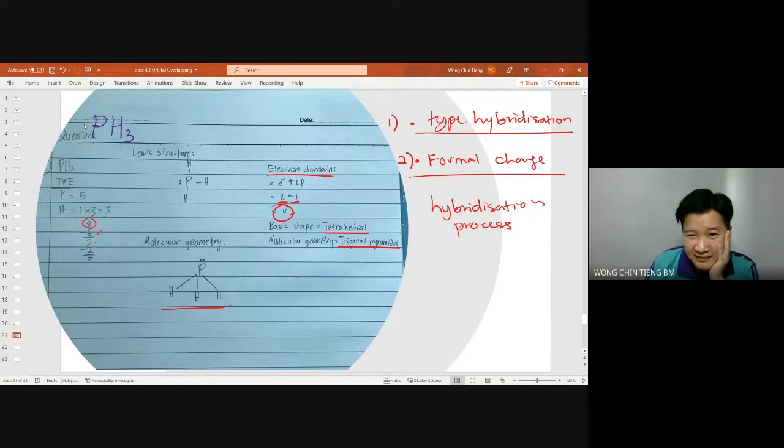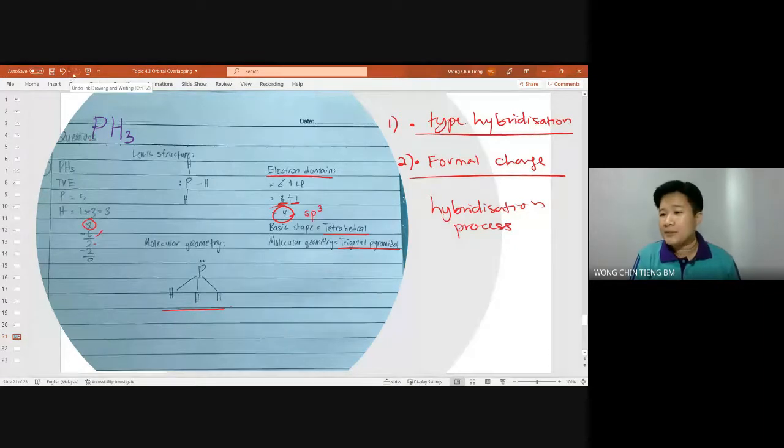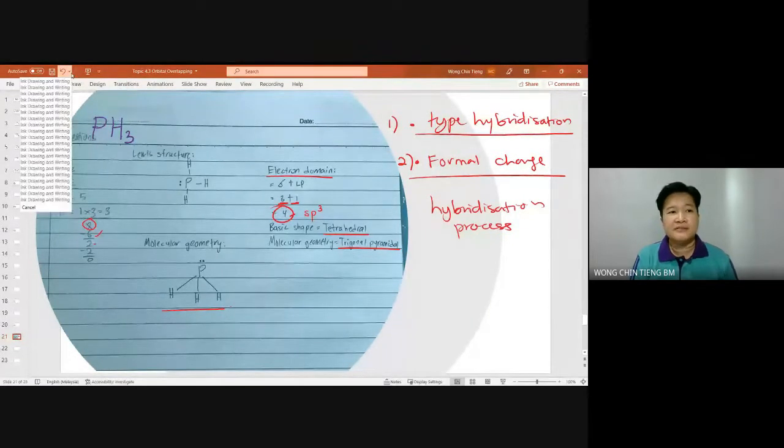Electron domain 4. Type of hybridization? SP3. SP3. Thank you. Setuju kelas? Saya nak hybridization process. Dan berhati-hati kehadiran lone pair di sini. So, bila kamu ada lone pair, what happened to your hybridization process? Please take a quick look.